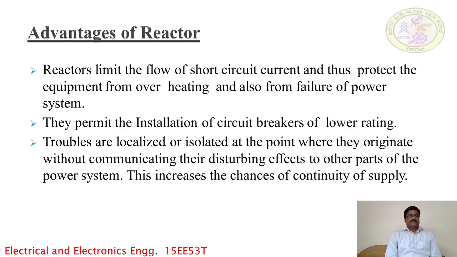Some of the important advantages of reactors connected in the power system are these. Reactors limit the flow of current and thus protect the equipment from overheating. What do you mean by this? When a fault occurs in a transmission line, usually heavy short circuit current flows.